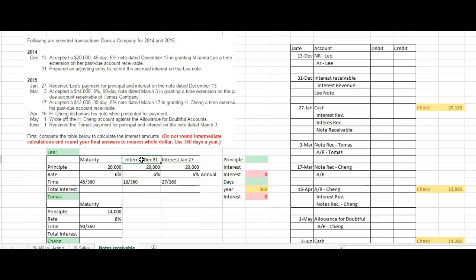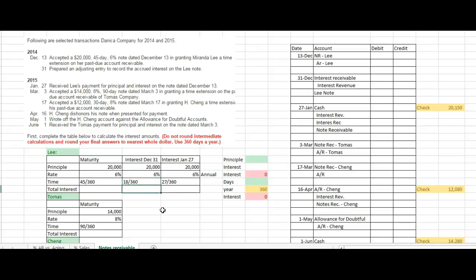Now, there's a scenario up here that says at the end of the year, we need to calculate how much interest is owed for this note, and that happens to be for 18 days. So that's 20,000 times 6% times 18 divided by 360.